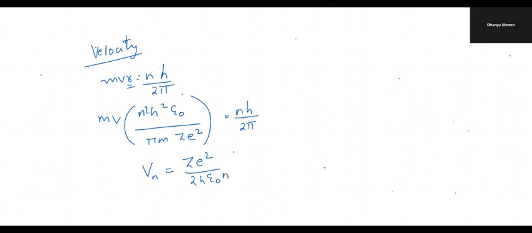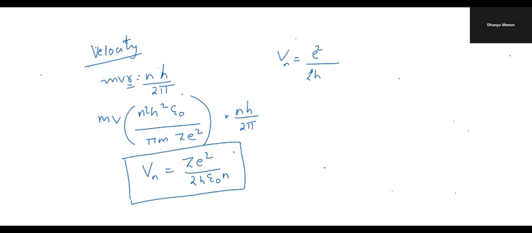So this is the velocity of the electron in the nth shell. Same as the previous one, I'm just accumulating the common terms, e square by 2h epsilon naught.